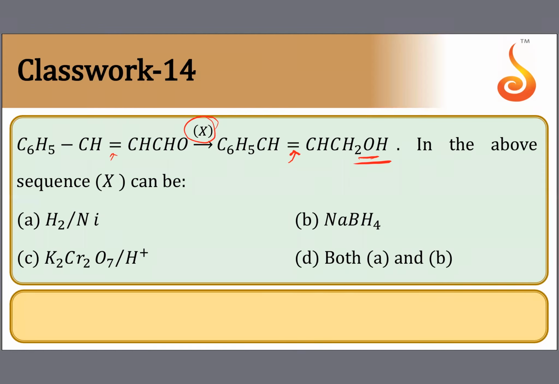Hydrogen in the presence of nickel can reduce even the C=C double bond, right? But the C=C double bond should be there. So what is the correct answer? Sodium borohydride. This is an oxidizing agent. Wrong, wrong, correct. Yes, Pavan. Right, next one.